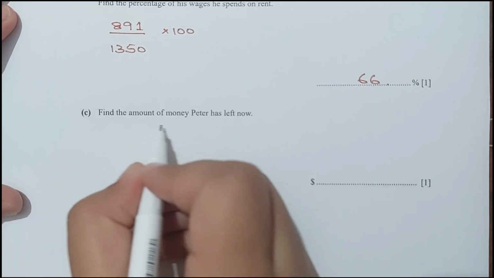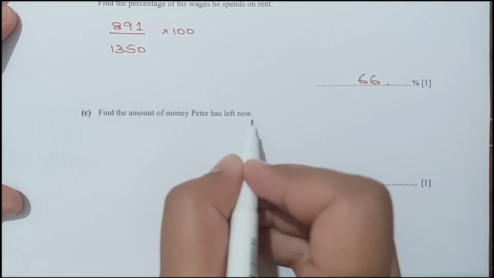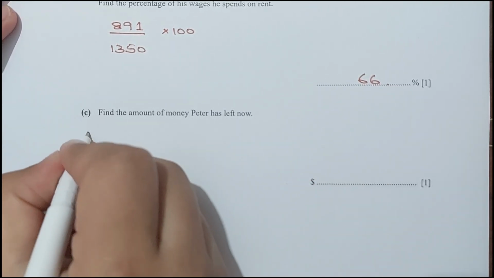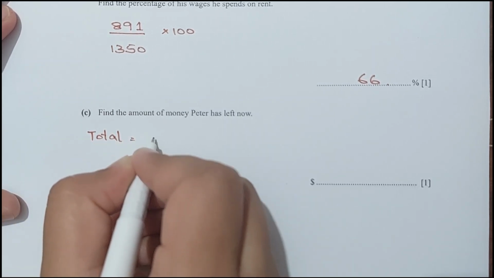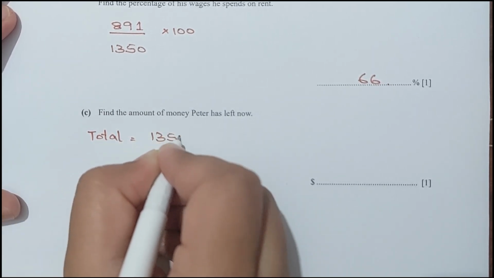Part C: find the amount of money Peter has left now. The total amount is 1350.